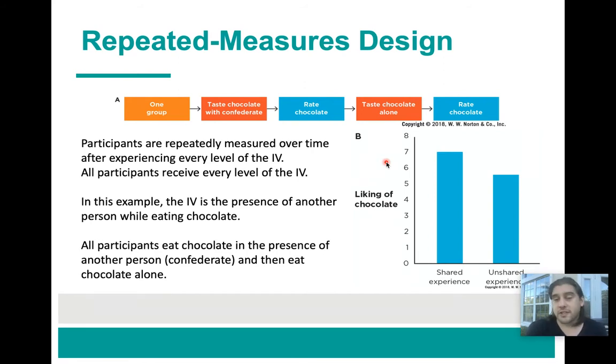Now, you'll often see these sort of in two types. The one we have here, which is sort of a rapid fire change, meaning the participant comes into the lab and they might experience multiple levels of the independent variable relatively quickly, as the example is here. Or you see these experiments happening over time. So maybe we're measuring change with age, or we're measuring maybe medical outcomes over time.